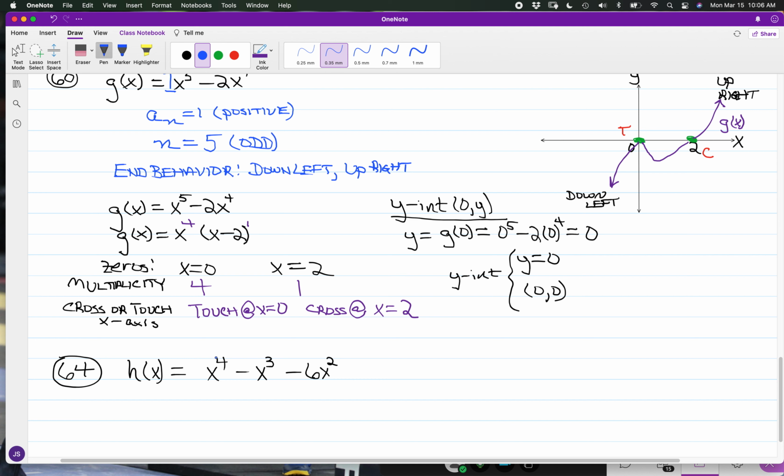Now I'll just stress the leading coefficient once again. So the x to the fourth coefficient is going to be 1. So you have a sub n is equal to 1 once again. So this is going to be positive. And this time for the leading term, the degree is equal to 4.